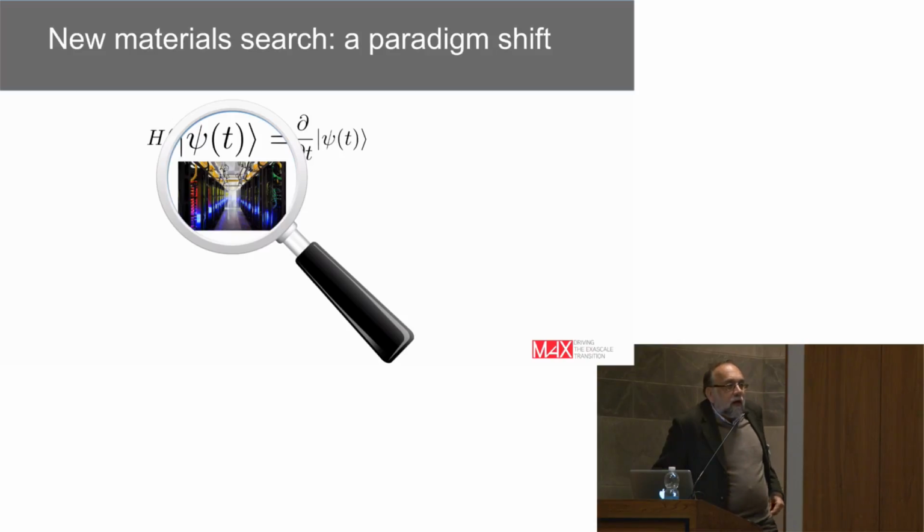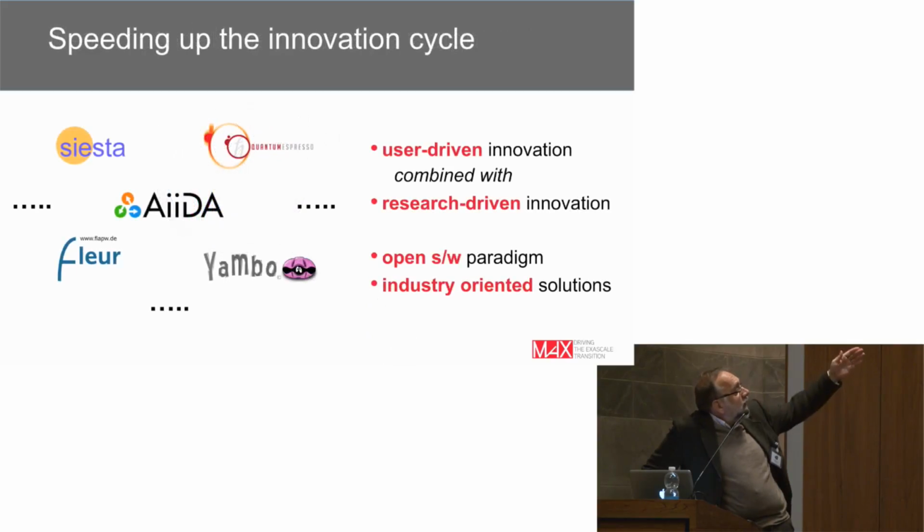So what we want to do in MaX is to speed up the innovation cycle. We would like to collaborate with industry, startups, etc., with the industrial ecosystem, in order to speed up the innovation cycle. So we started, as they started from 3 codes, we started from 5 codes, they are there.